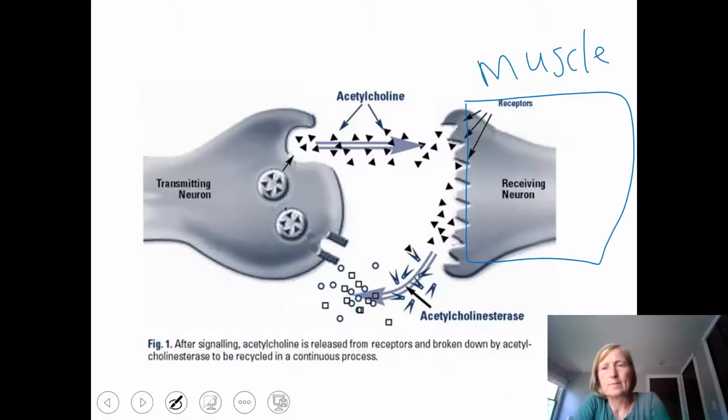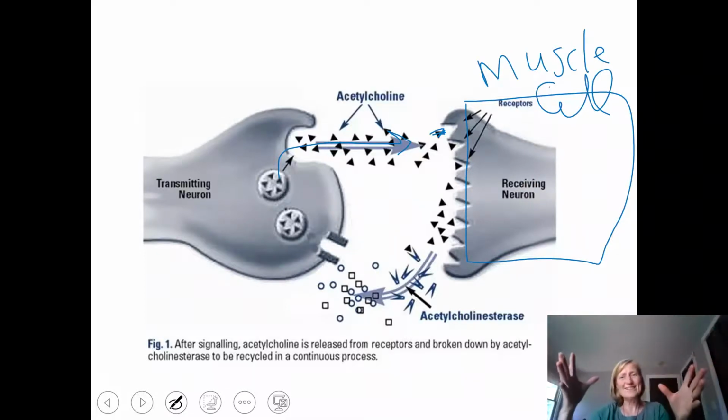What this neuron does to tell the muscle, hey, it's time to contract now, is it releases a neurotransmitter called acetylcholine into a gap. That gap is called the synapse, and the neurotransmitter acetylcholine binds to the muscle cell, and it tells the muscle cell, hey, contract now.